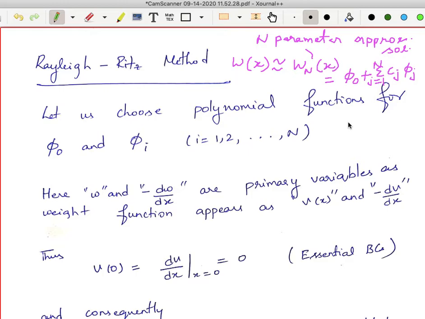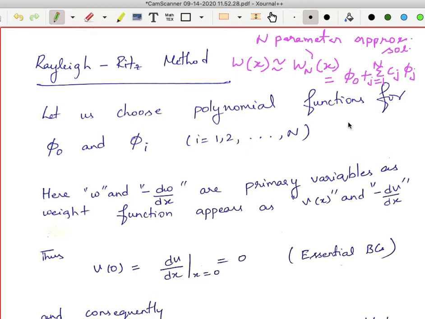Because there are n parameters C1, C2, C3, and so on until Cn, we refer to this approximate solution as n parameter approximate solution. And the choice of capital N is within our hands.